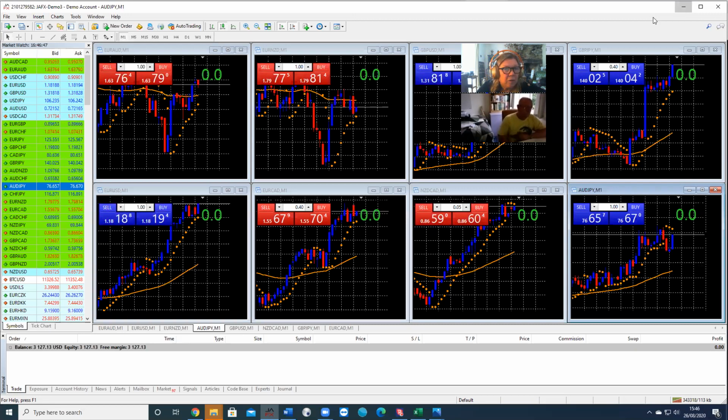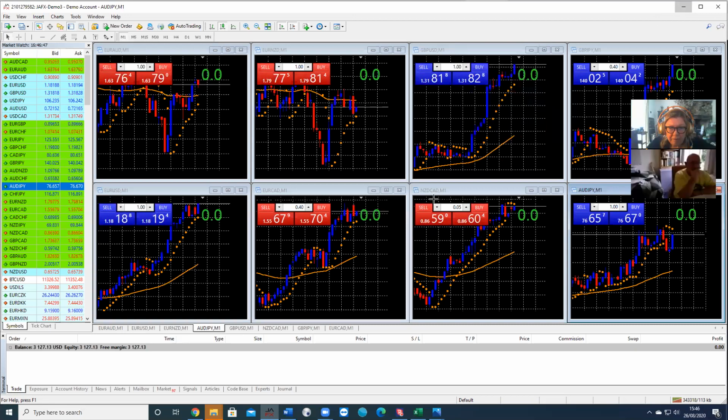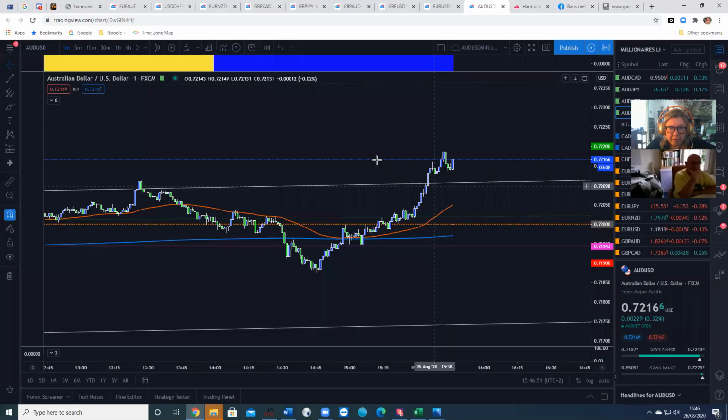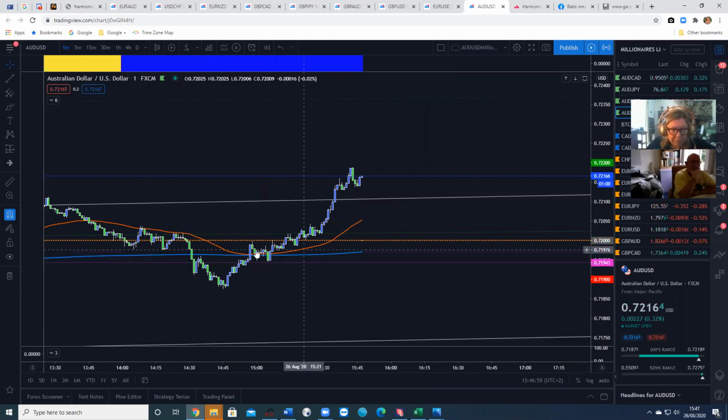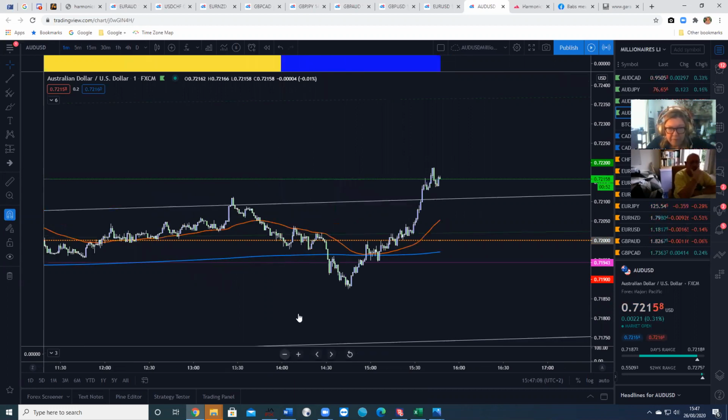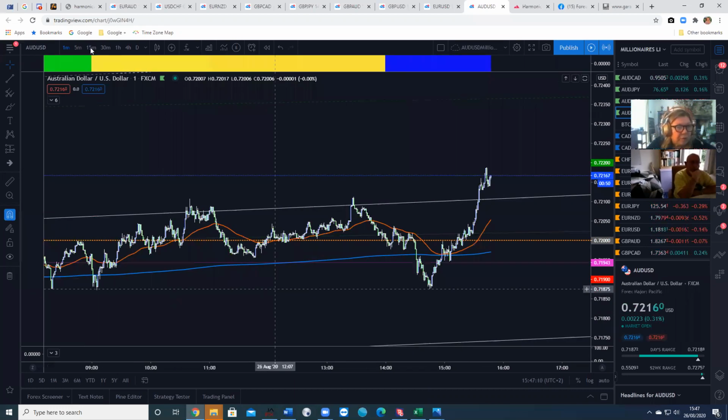So AUD USD strongly on its way up, hasn't done the orange curled around just as we came on the session. A little break and a retest of quarter theory, hasn't done a break, hasn't done a retest back to the pitchfork though.